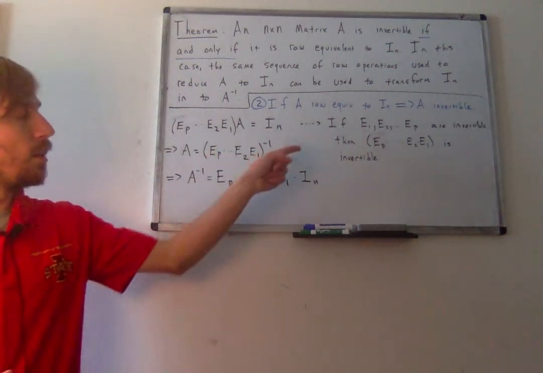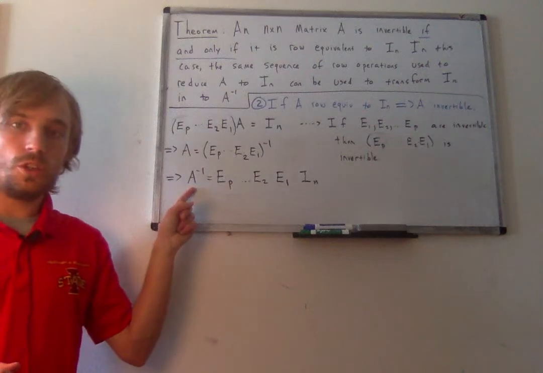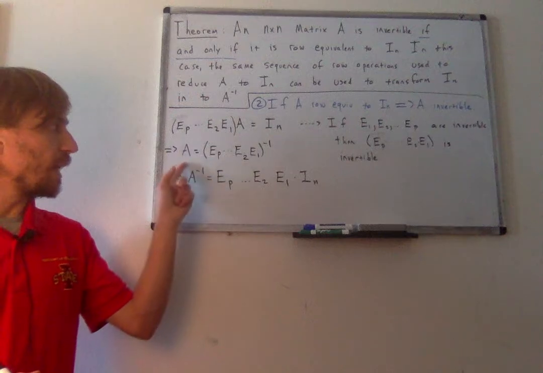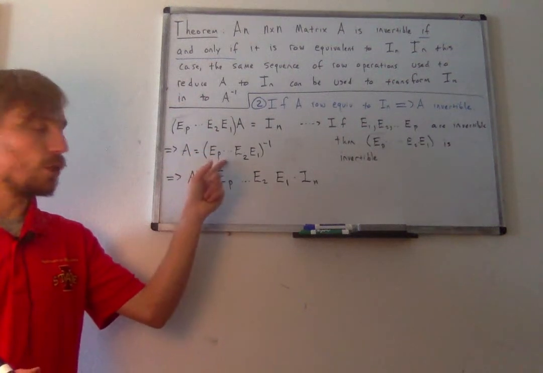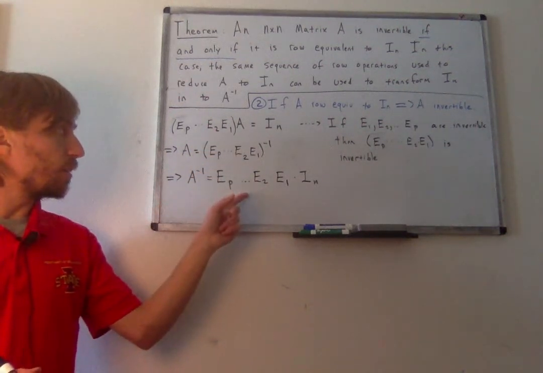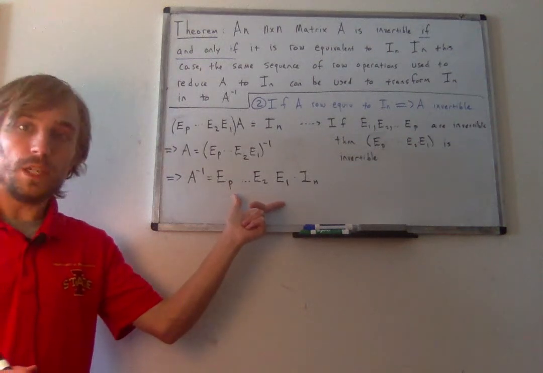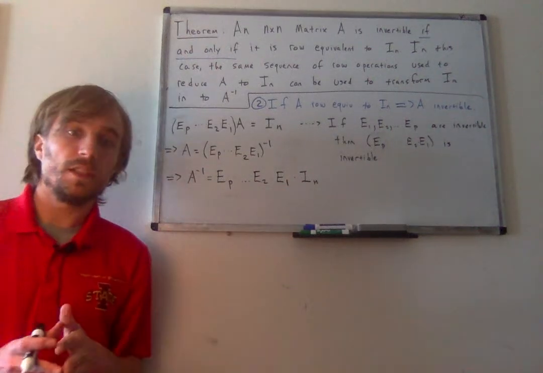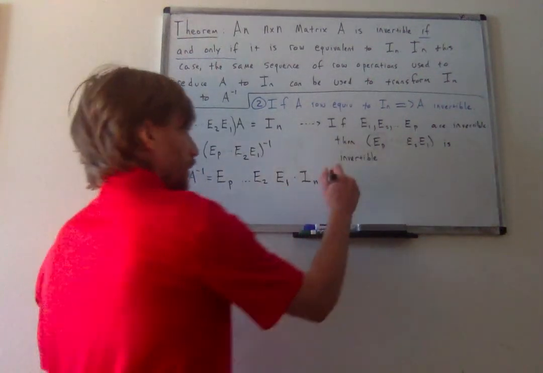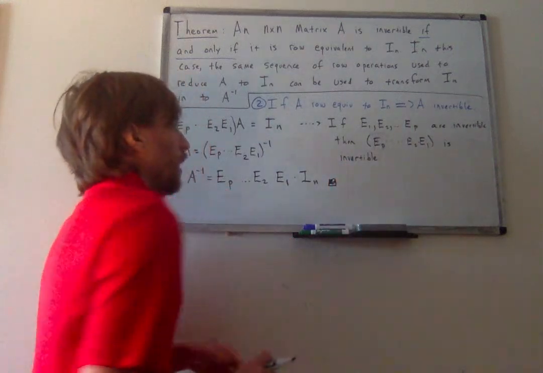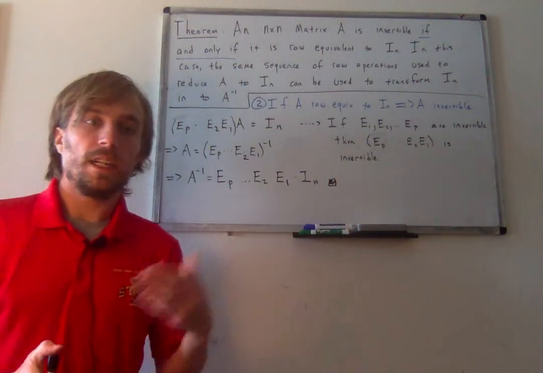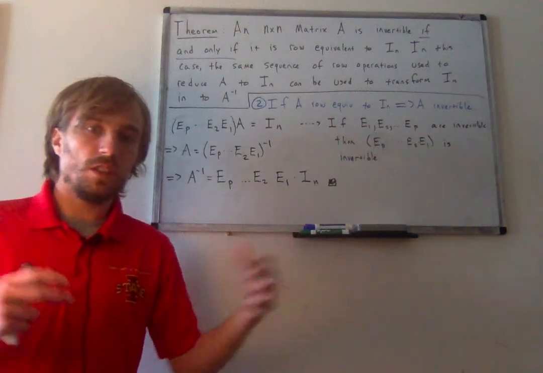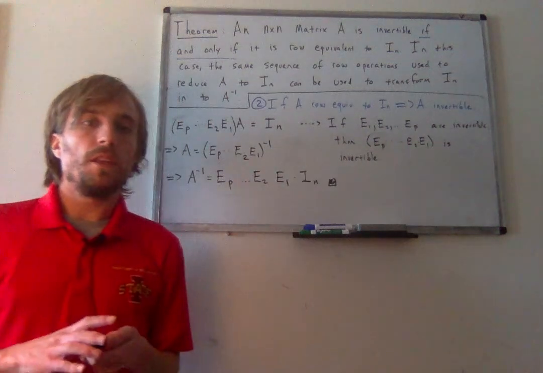This gives us the remaining part of the proof. We know that A inverse exists because A is equal to this invertible matrix, and we know what A inverse is. It's just the product of these elementary matrices, which is equivalent to performing all of these row operations on the identity matrix. That proves our theorem. Like I said, next video, I'll discuss how we know that the product of these matrices was invertible as well, and then we'll do a few examples.